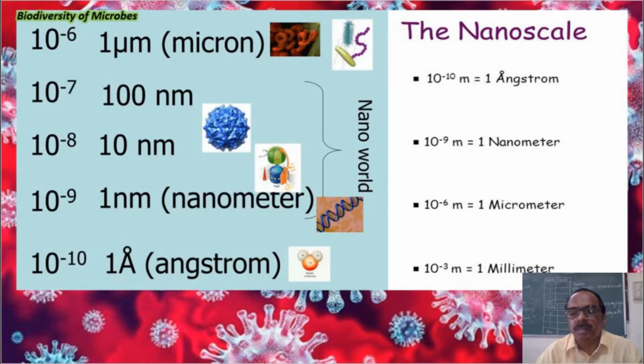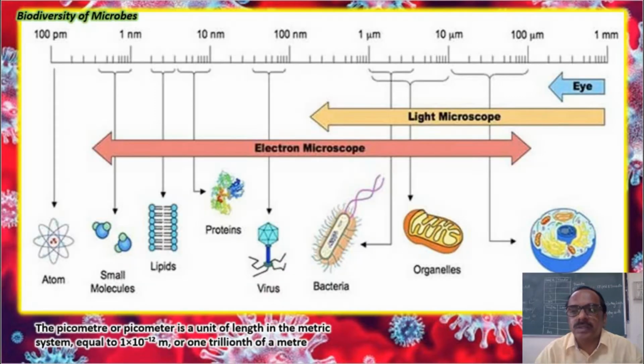We use the micron to measure microbes, and we generally use microns to measure bacteria. Viruses are measured using the nanometer, and the angstrom is used for measuring atoms or molecules of very, very small size.